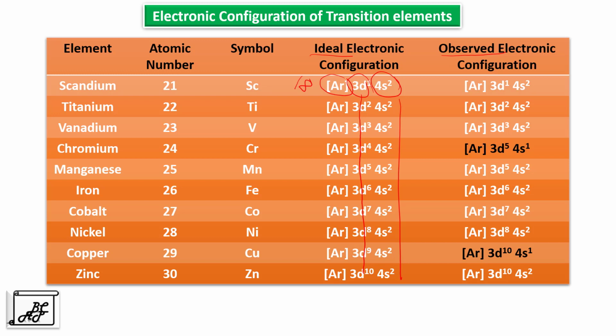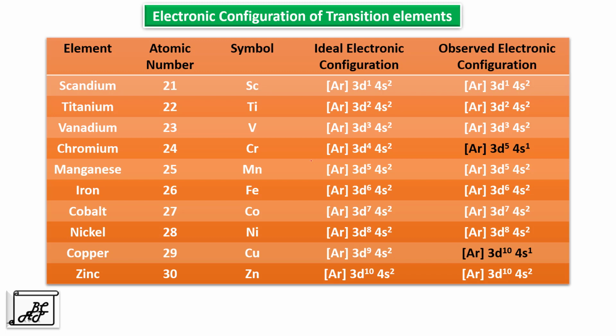But as we have learned about stable electronic configurations, in order to achieve higher stability, for the elements which are near to the stable electronic configuration, there is some transfer of electron from the 4s orbital to the 3d orbital. For example, in the observed electronic configuration, scandium, titanium and vanadium have the same electronic configuration as the ideal one.